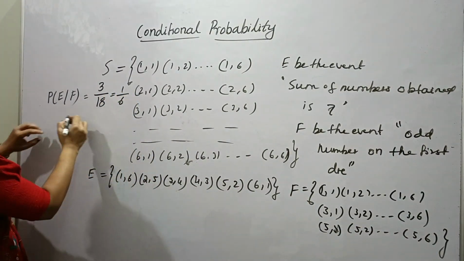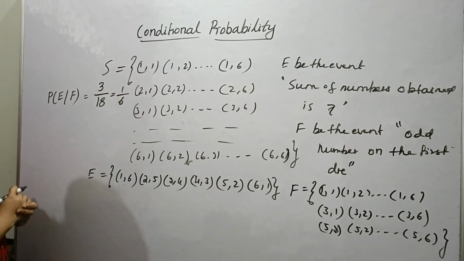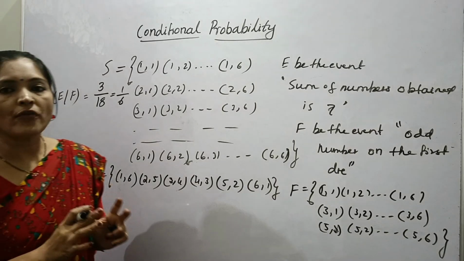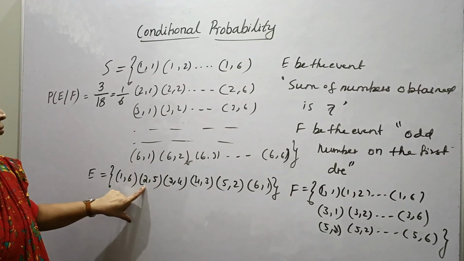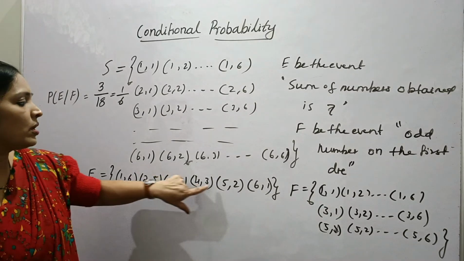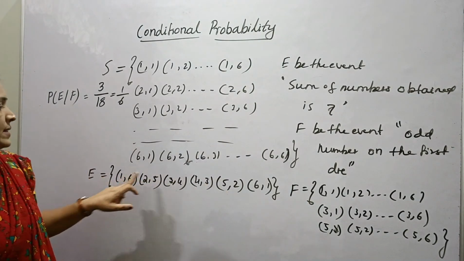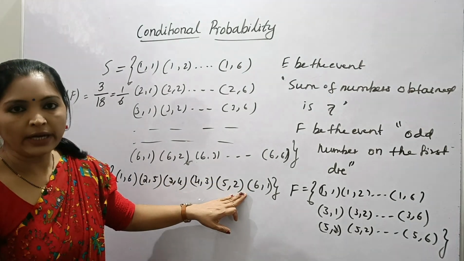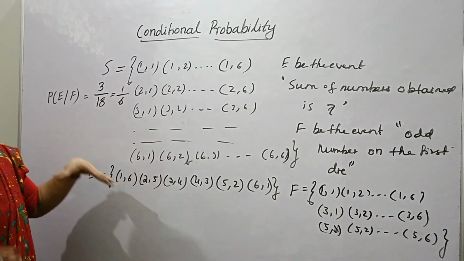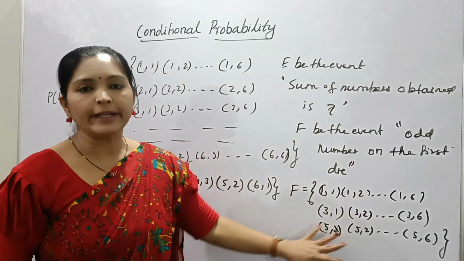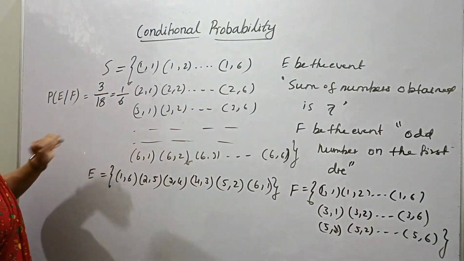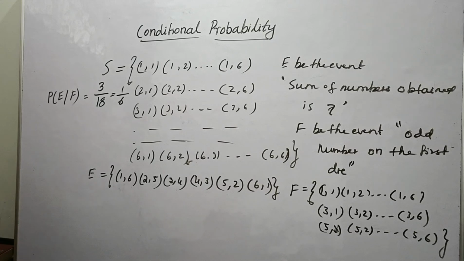We know that probability of E given F is the number of E intersection F divided by the number of F. E intersection F is nothing but 1 6, 3 4, 5 2, divided by the number of F, that is 18. So 3 divided by 18, 1 by 6.